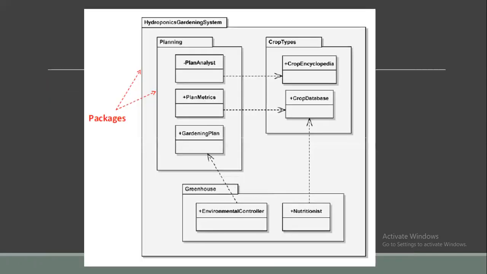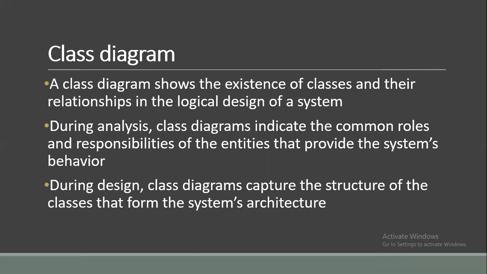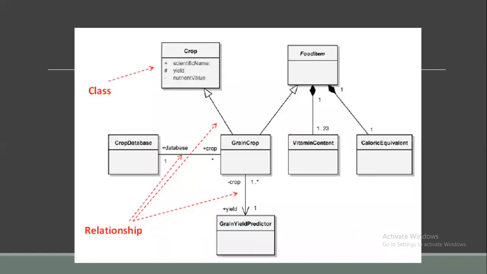And then we have the package diagram, which deals with object-oriented concepts. Anyway, all these UML diagrams deal with object-oriented concepts, right? And then we have the class diagram. This is a very simple example of a class diagram.